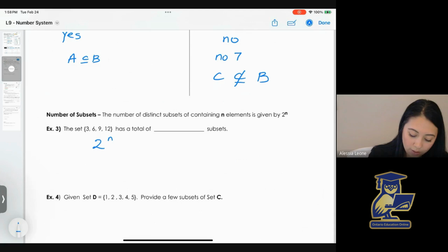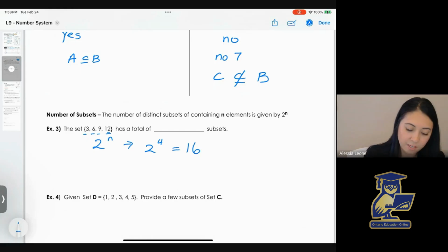There are 4 numbers in this set: 1, 2, 3, 4. So we are going to do 2 to the power of 4, which gives us 16. So we know this set of numbers has a total of 16 subsets.